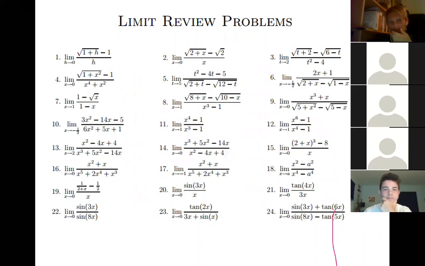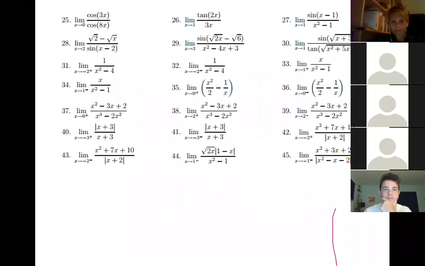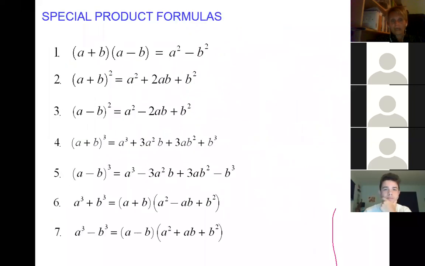You can double check, and the solution is also provided for you. You probably remember from section 1.6, there are special formulas that are worth remembering, because to simplify the rational expression, to simplify the limits, we will use some of the formulas. No question?